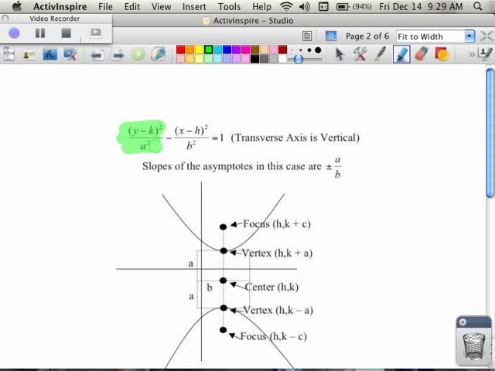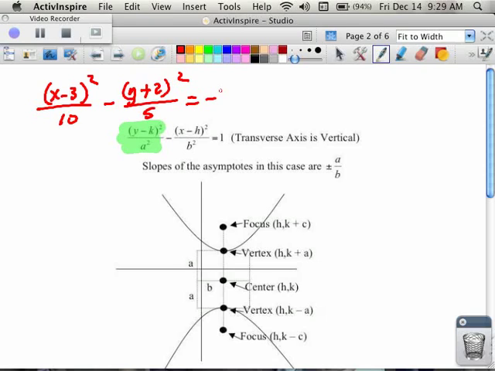For example, if I were to see something like the following, (x minus 3) squared over 10 minus (y plus 2) squared over 5 equals -1. Is that in its standard form? No. How come? Because the one's negative. So if I were to multiply everything by -1 on both sides of the equation, which parentheses would really come first? Y. The y parentheses.